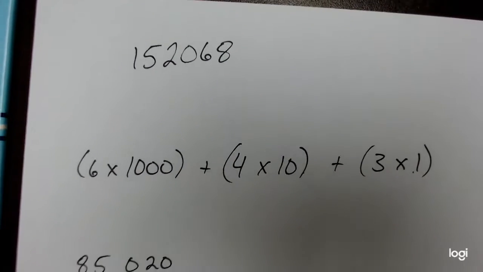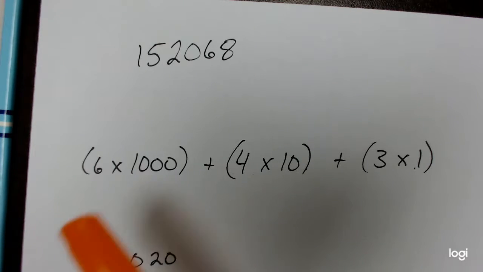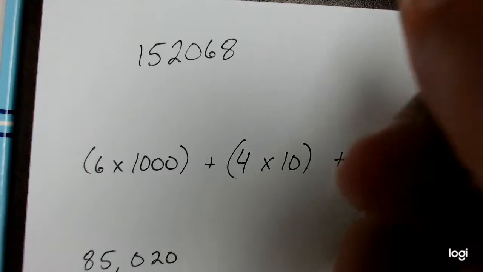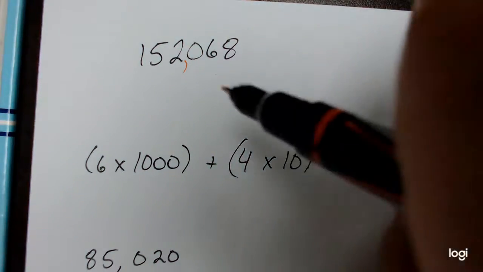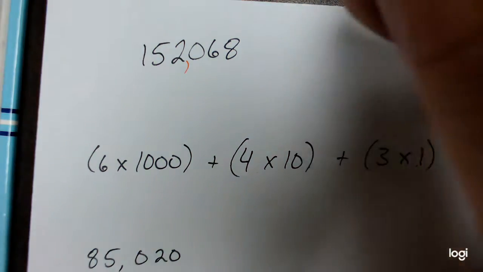They ask, what is the value of the number 2? Remember the trend in whole numbers is that every 3 digits we get a comma. We start from the right, 1, 2, 3, comma, and we always start from the right because we want to start from the ones place and count up. If you start from the left, you'll end up with problems.